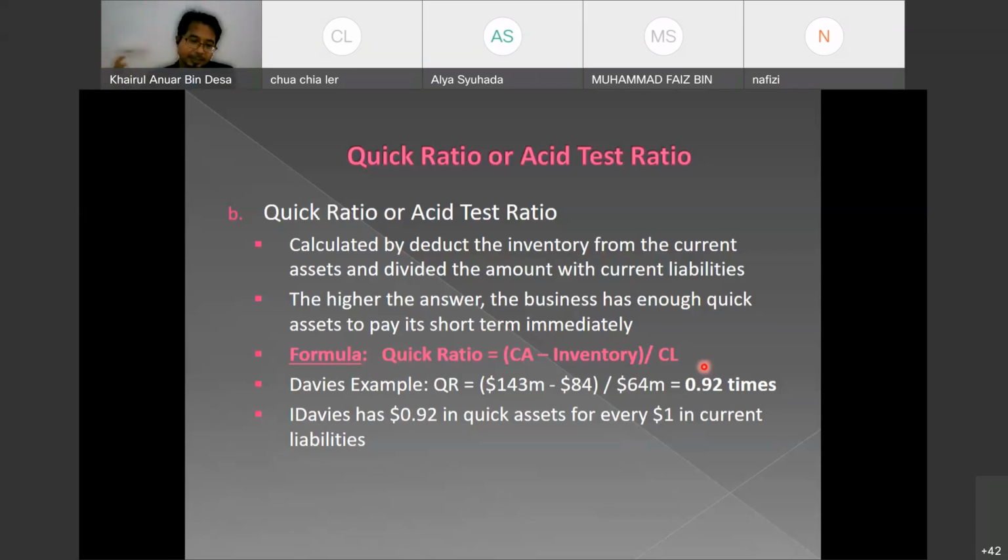Okay? Dia akan obsolete, dia akan damage, akan rosak. Seperti kalau kita is the company of jual roti, jual bahan makanan, jual buah-buahan, susu dan sebagainya, yang cepat rosak, maka kita akan rugi sebab kita tak boleh nak jual.